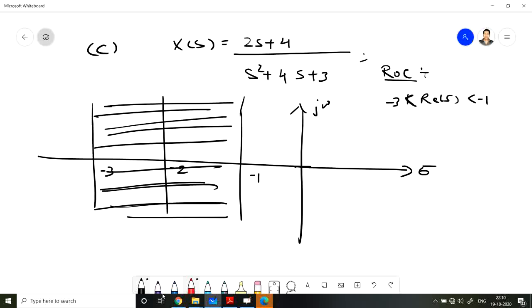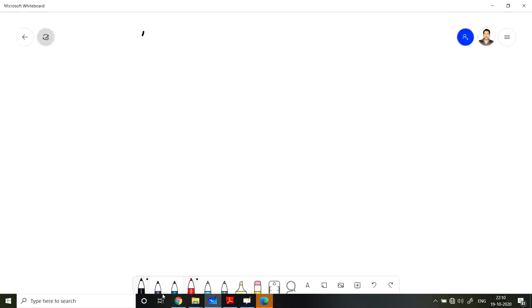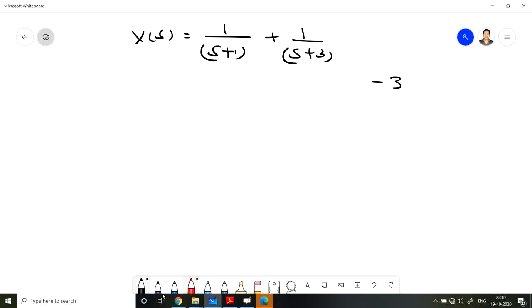Again we need to find the inverse Laplace transform by utilizing the expression 1 divided by (s + 1) plus 1 divided by (s + 3). Now if we break this ROC into two parts, we can analyze better.